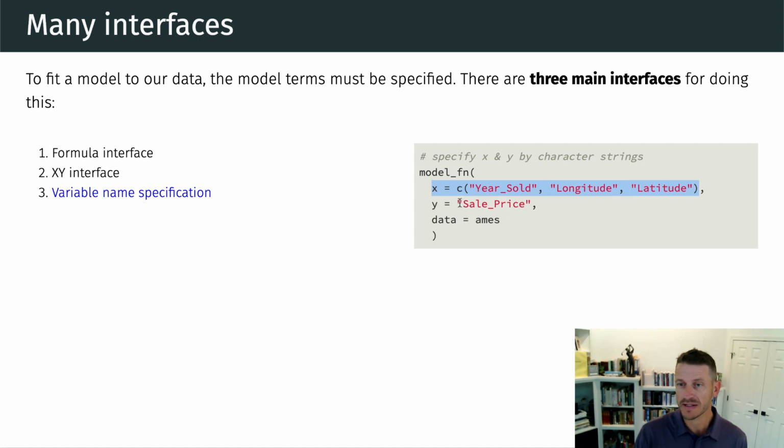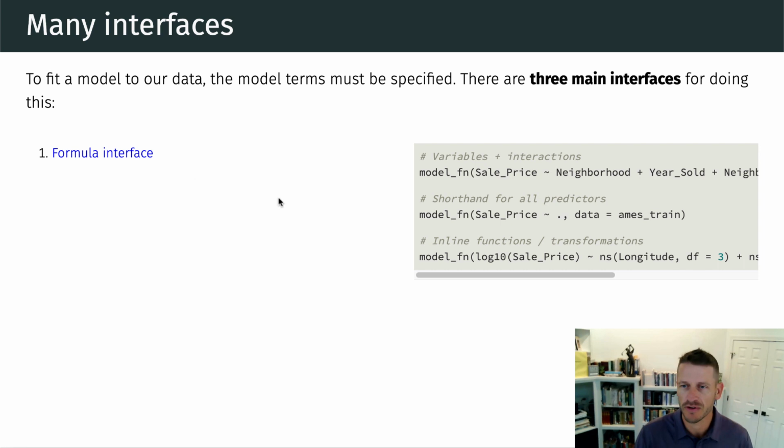We pass that to X, and we pass the name of our response variable to Y, and we pass in the data as well. So these are three different ways that we can specify the model of interest. The one that we will be using most often throughout this course is the formula interface, where we specify the response variable is a function of the predictor variables.